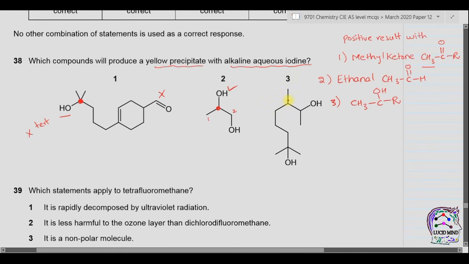Now going to the third one, we have a secondary alcohol. Yes, this one gives positive, and this one is a tertiary alcohol. It does not give a positive result. So it means compound 2 and compound 3 will give a yellow precipitate with aqueous alkaline iodine. So the answer is C.